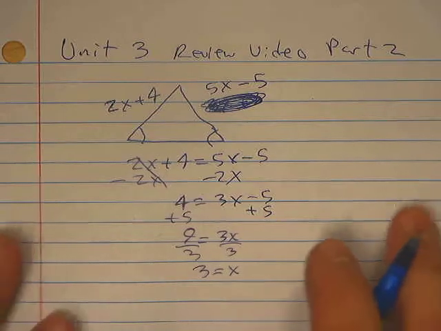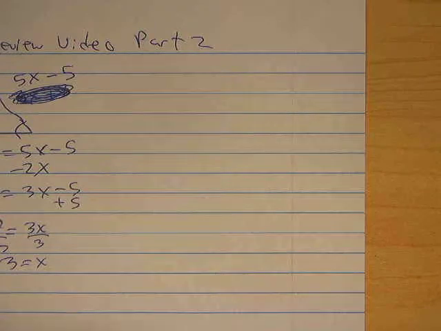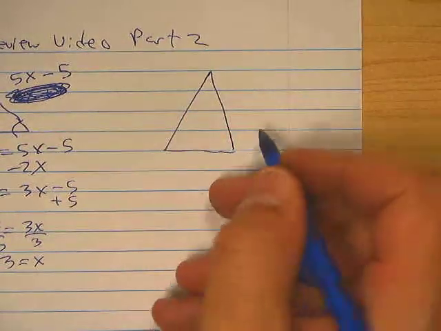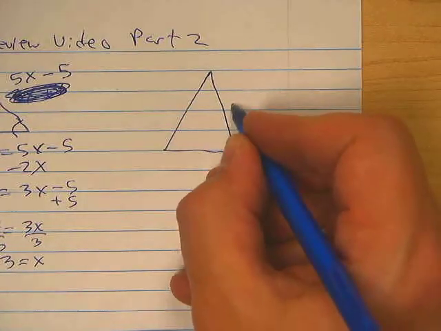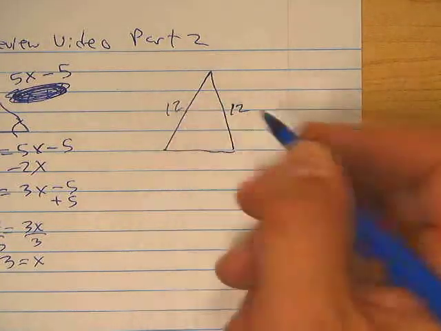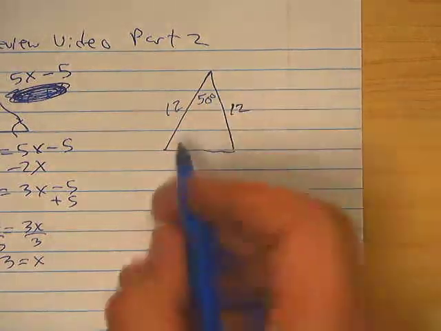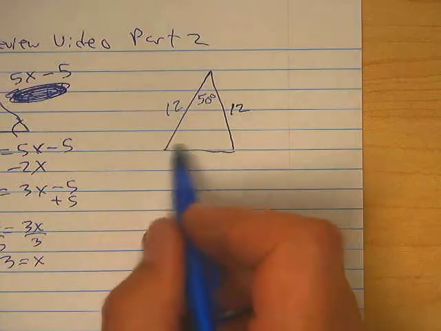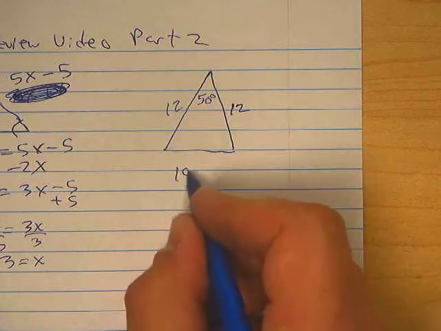Okay, next one. I have an isosceles triangle. Let's say I have a side length of 12 here and 12 here, and I have an angle up here. Let's say this is 50 degrees, and I want to figure out what these two angles here are. Well, if this is an isosceles triangle, these two base angles are congruent.